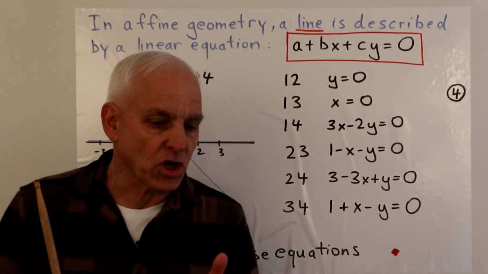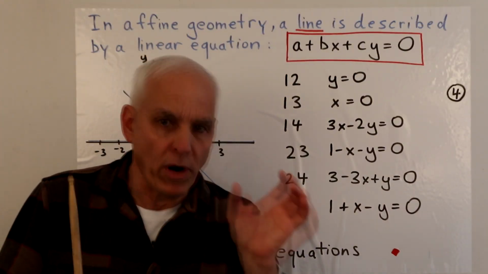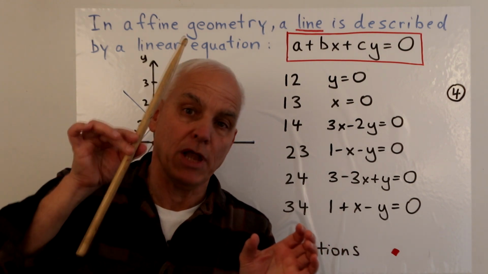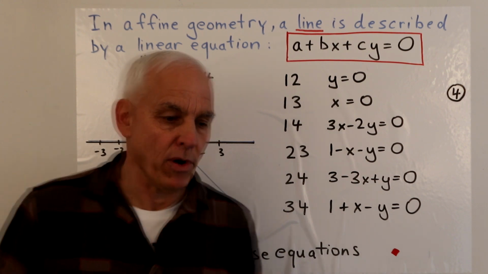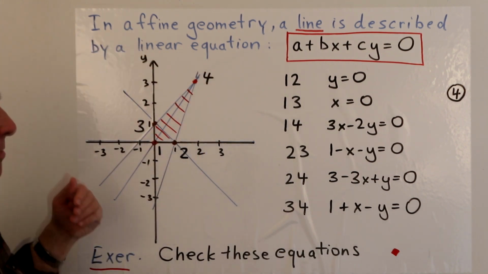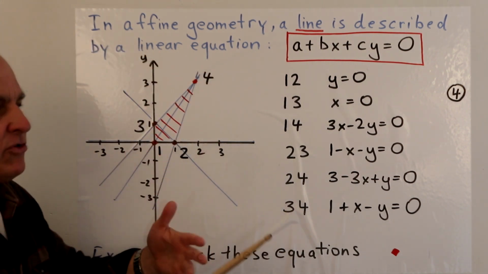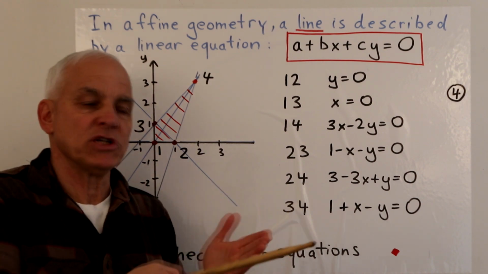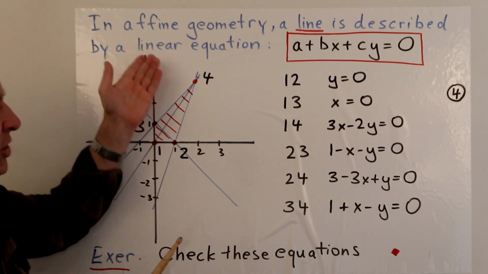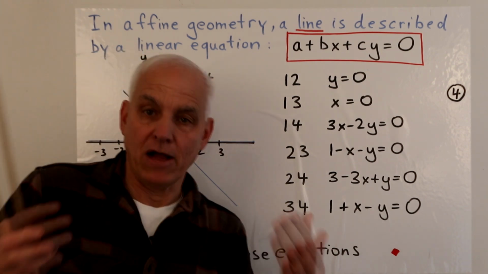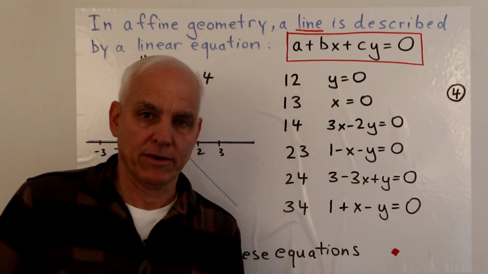Now in Cartesian geometry, we want to describe points very precisely, but also lines very precisely. Lines are a little bit more complicated than points. So in affine geometry, which is what we're doing here, affine geometry means a geometry which is based on parallels. It's also the geometry of so-called linear algebra, pretty well the same thing.